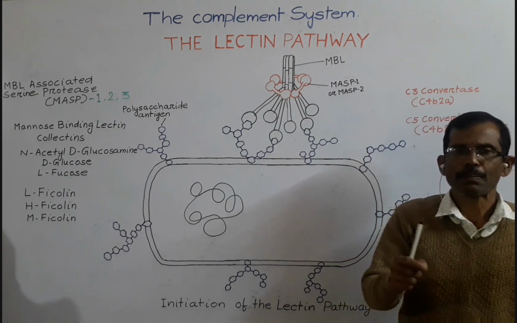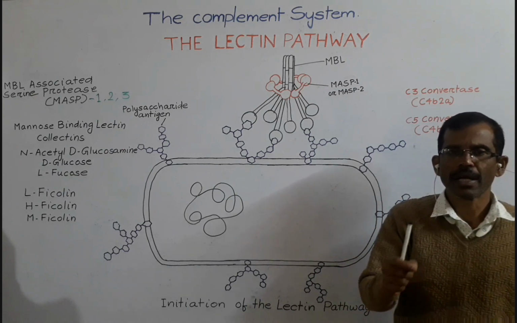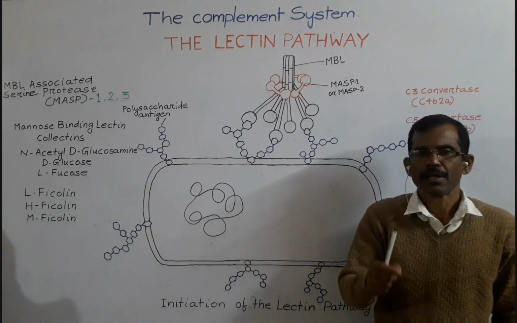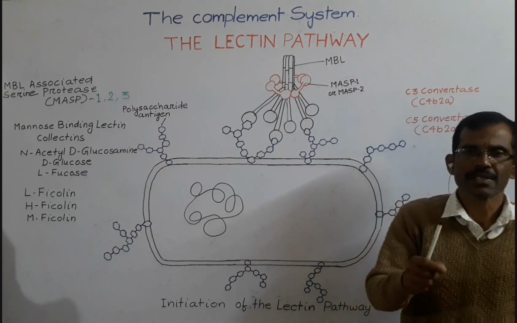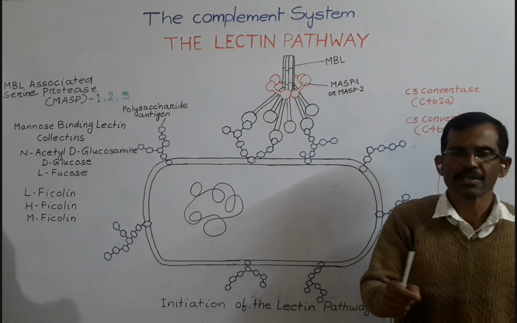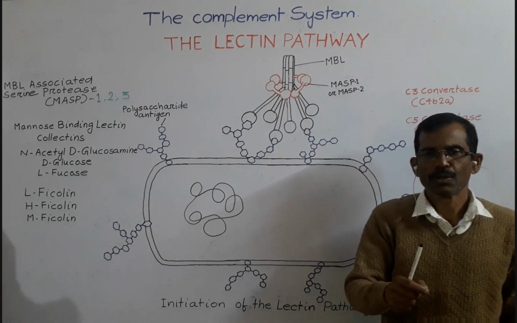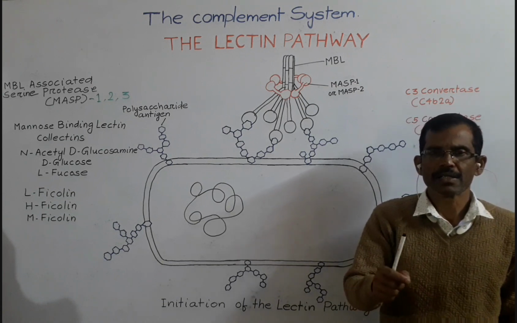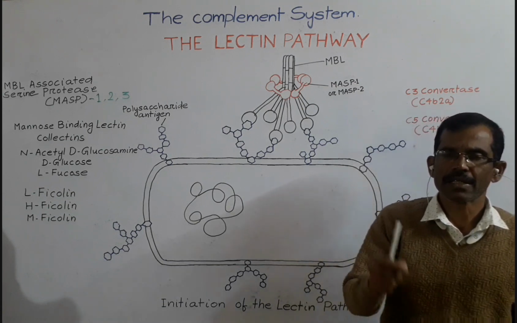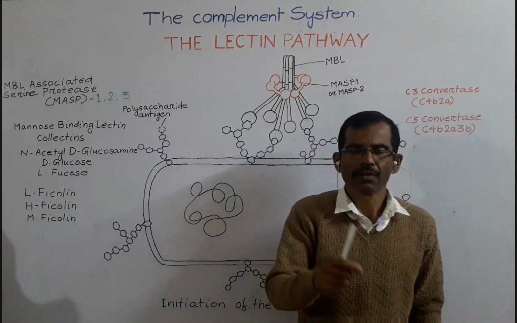In the lectin pathway, soluble lectin receptors replace the antibodies as the antigen recognizing component, and MASP proteins take the place of C1r and C1s in cleaving and activating C3 convertase.